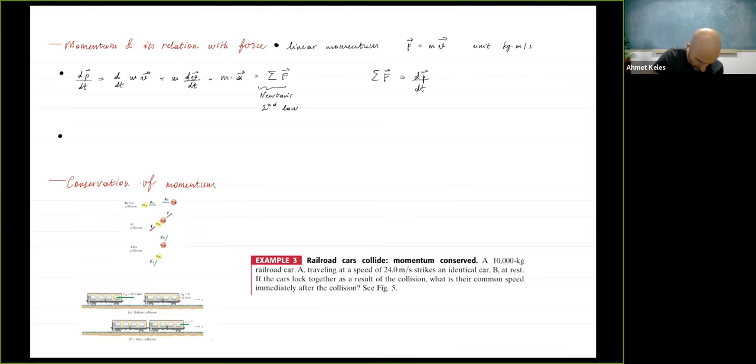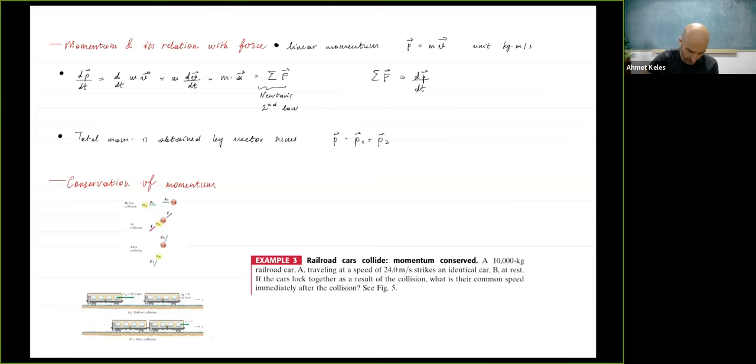So the total momentum is obtained by vector sums. What this means is, if you have 2 different pieces of your system, the total momentum is P1 plus P2. And if you have more, you can add more.